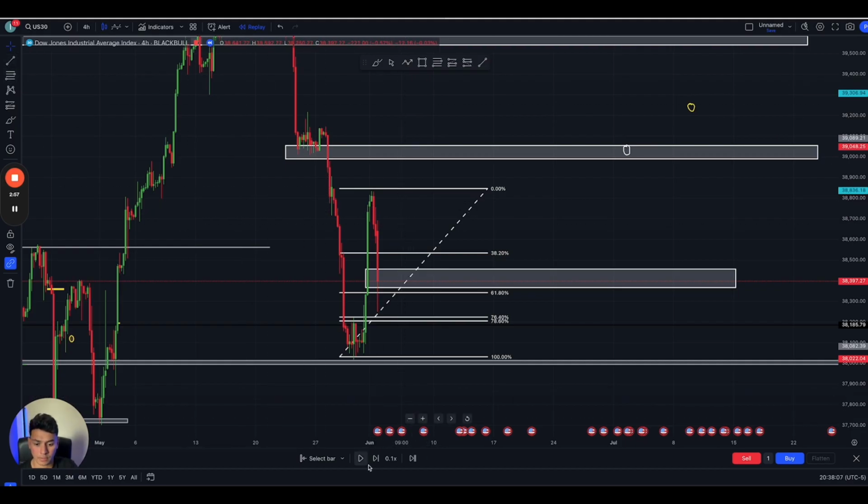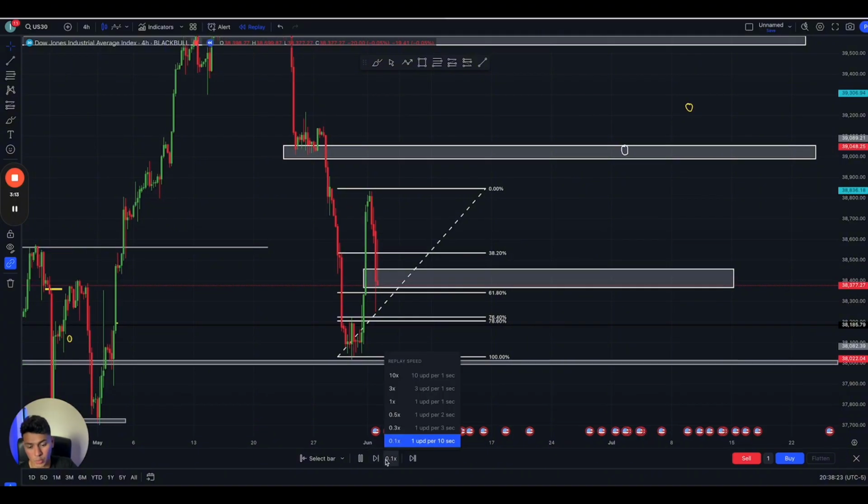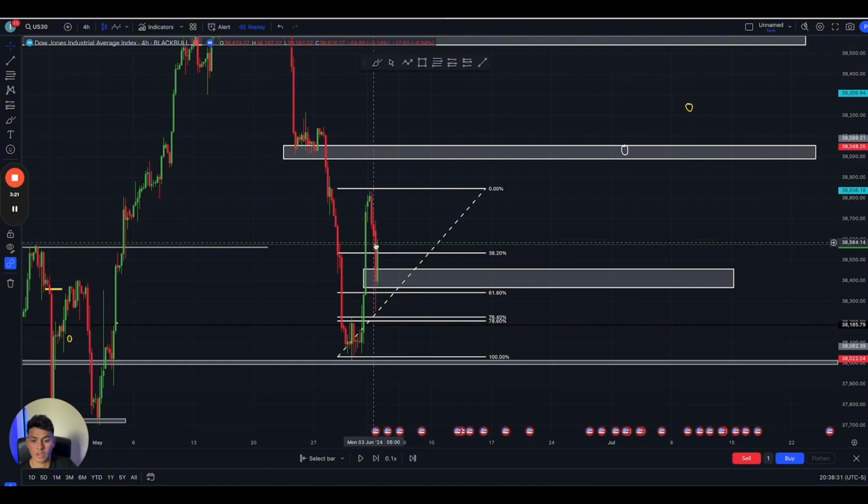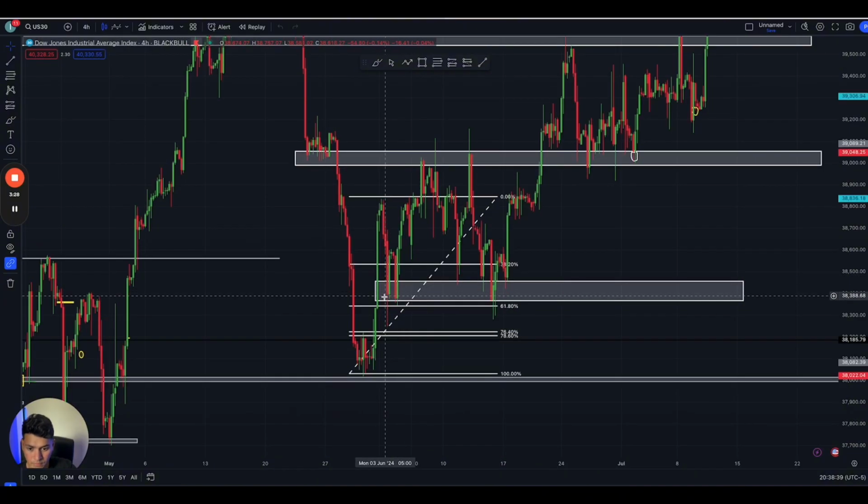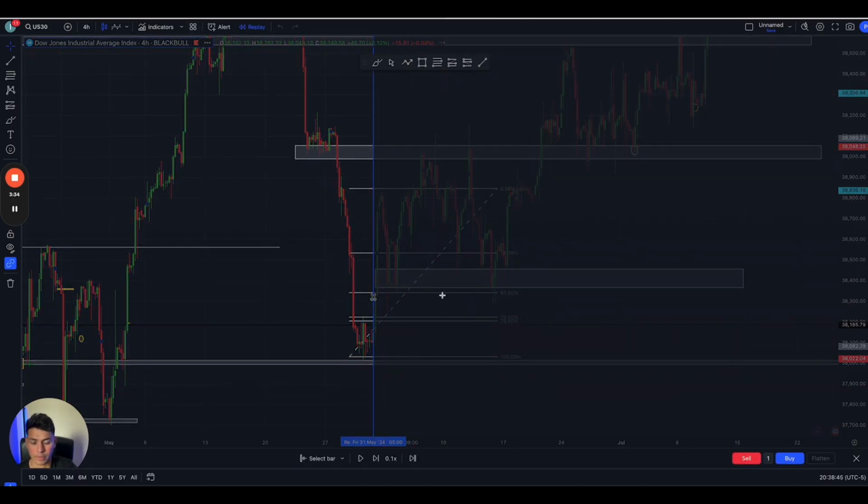So if you guys can see, we have a play button right here, which is in order for you to play the market, and we also have the forward, which is the next candlestick, and here we have the speed of what we want the market to go at. I'm just gonna move it a little bit forward over here because I already pressed it.